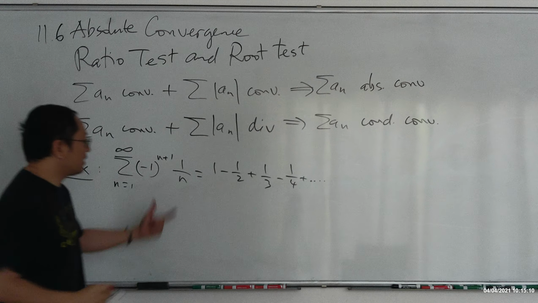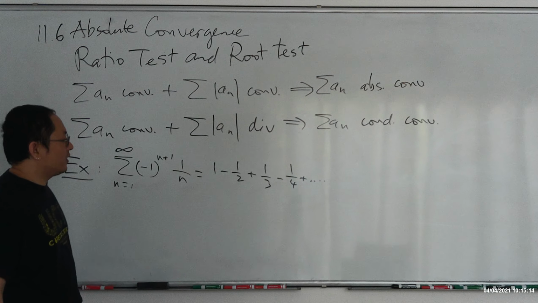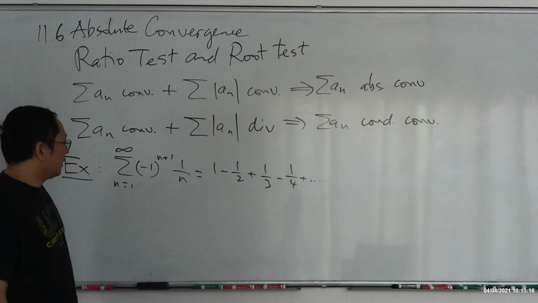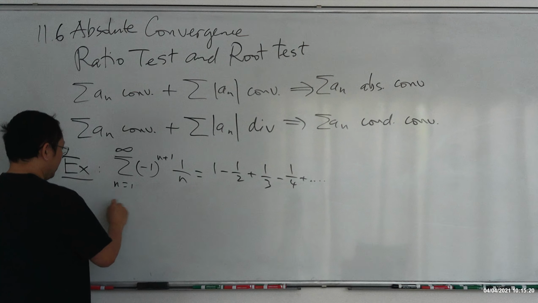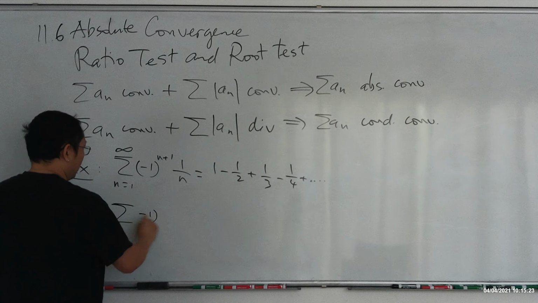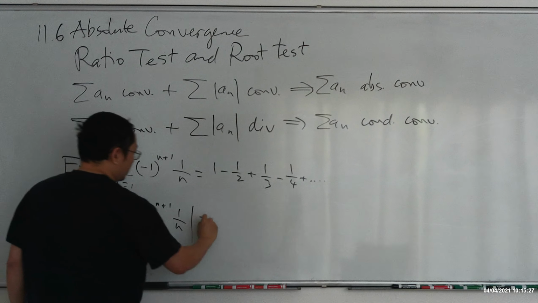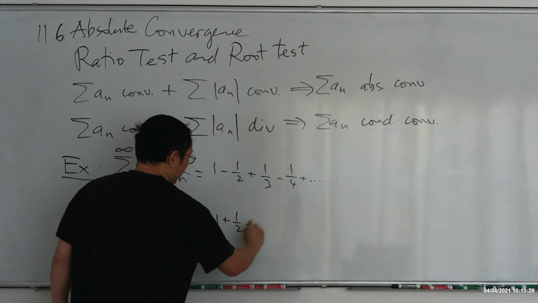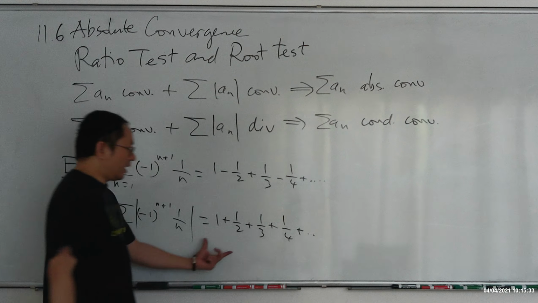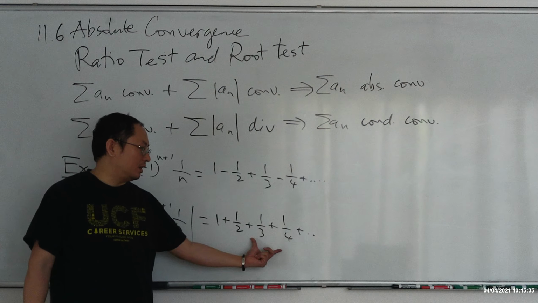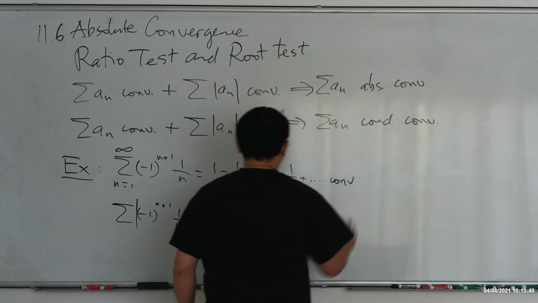And you know that this series converges already, using the alternating series test we just learned in the previous section, 11.5. But the absolute value series is 1 plus 1/2 plus 1/3 plus 1/4. You recognize right away this is a harmonic series, and this is divergent. And this is convergent.